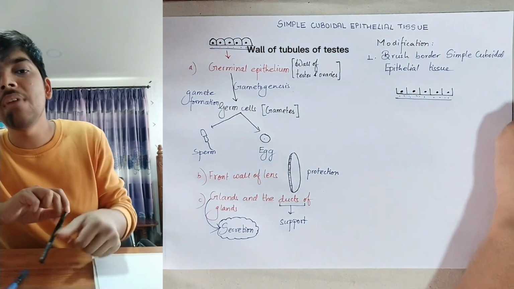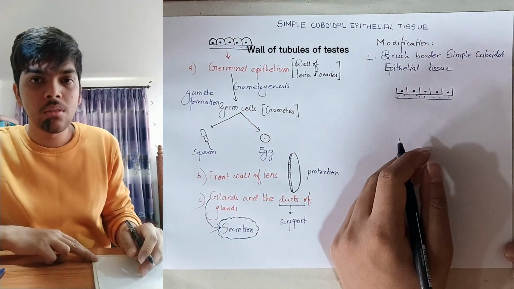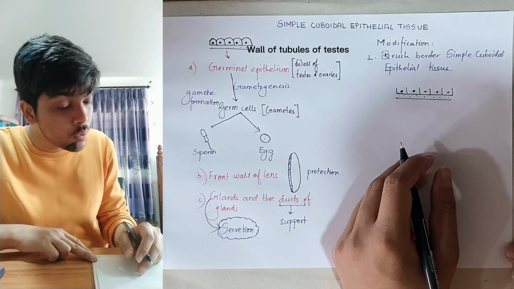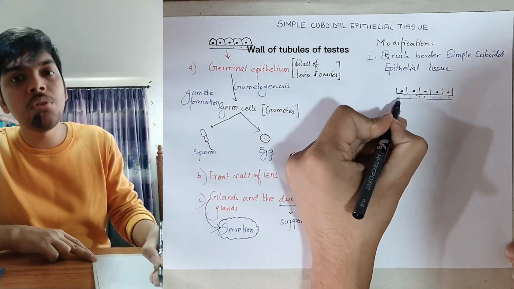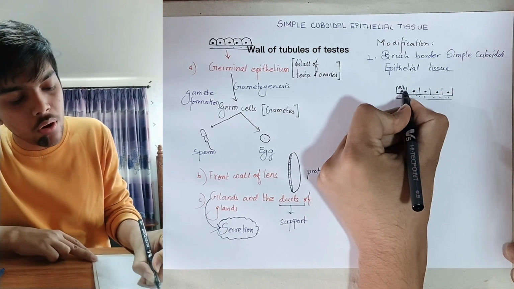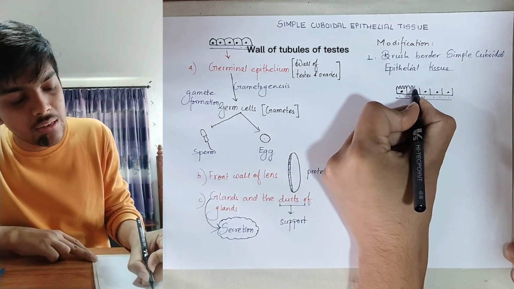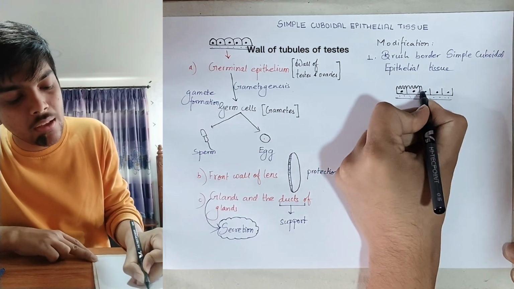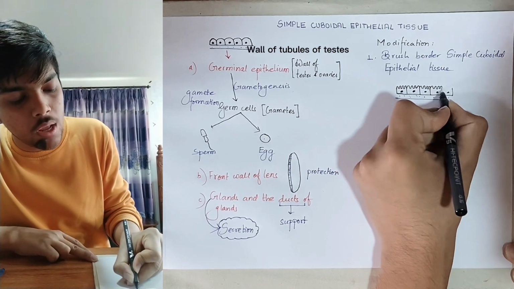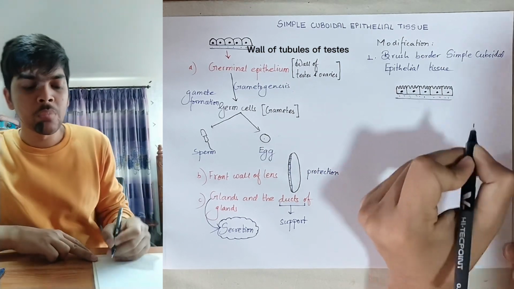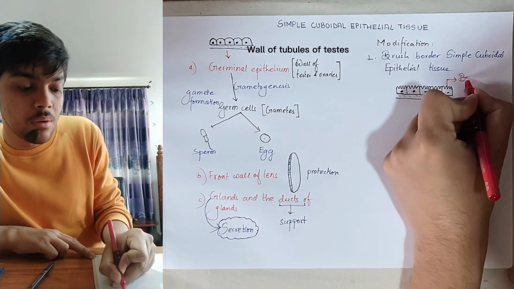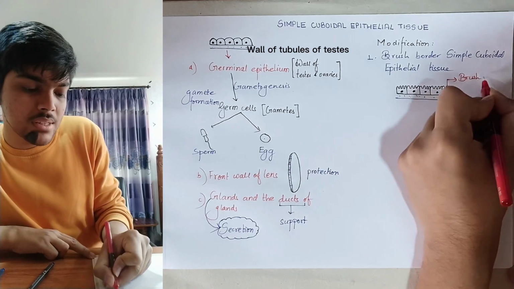The only modification is that the free surface of the simple cuboidal epithelial tissue, the surface opposite to the basement membrane, is brush bordered. That is, it takes a finger-like form. Wiggle, wiggle, wiggle. This right here is your brush border. The border forms brush-like structure.